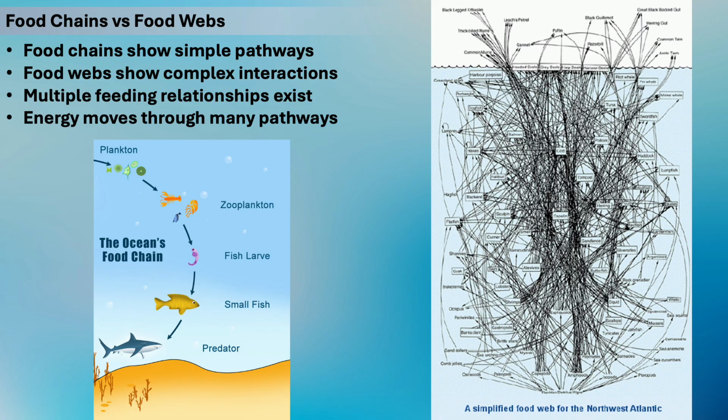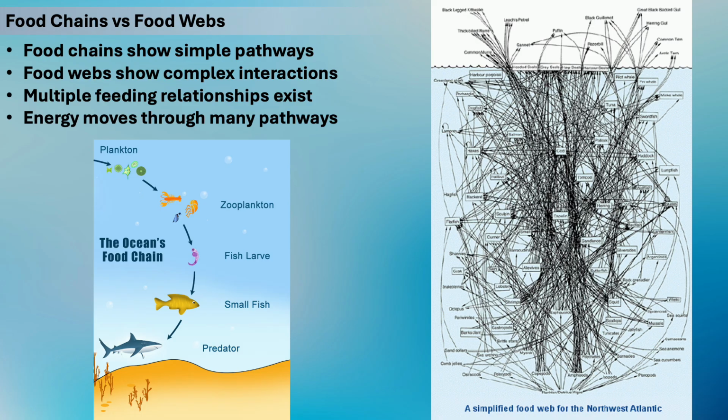To better represent these interactions, scientists use the concept of food webs. A food web is a network of interconnected feeding relationships that illustrate the many ways energy can move through an ecosystem.